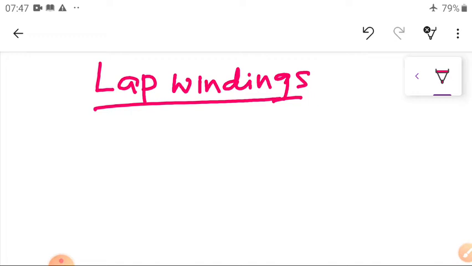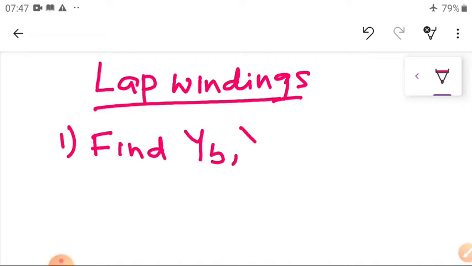For lap winding, the first step is to develop the winding, find simple calculations, find back pitch, front pitch based on given data.